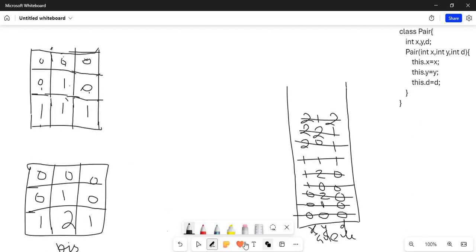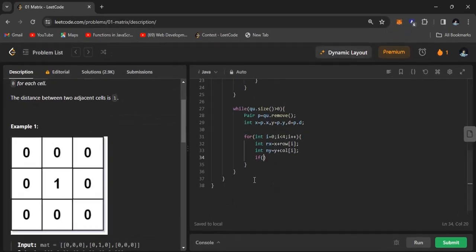If the cell value is 1 and also not yet visited, that means already not solved, then only you can call.